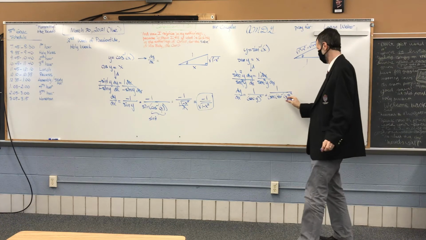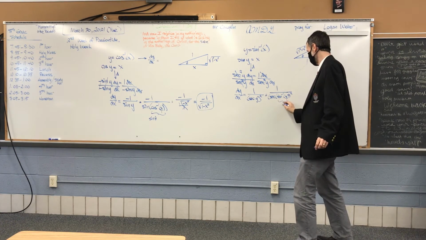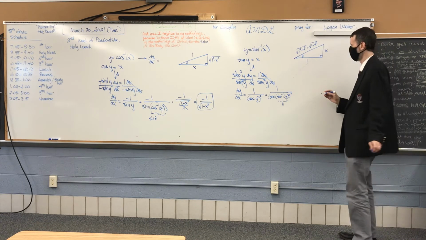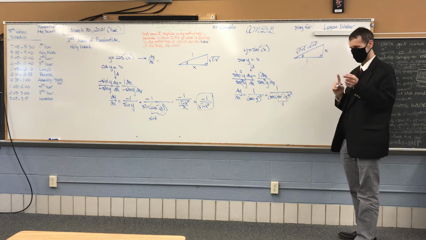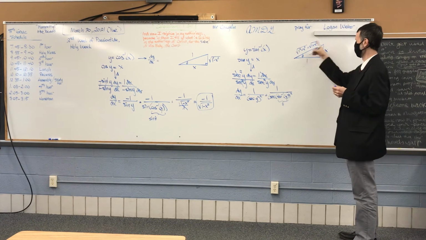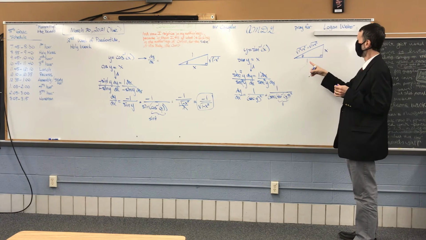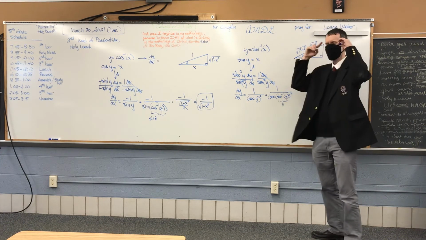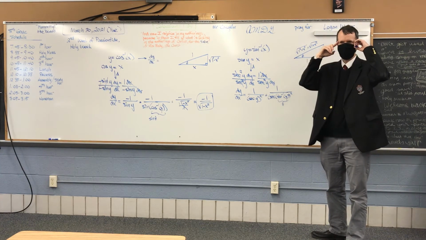So this is theta. Can somebody find the secant of theta? What does secant mean again? It's 1 over the cosine, the reciprocal of cosine. What's the cosine of this? Cosine is 1 over the hypotenuse. So in your mind, find the cosine of theta first.